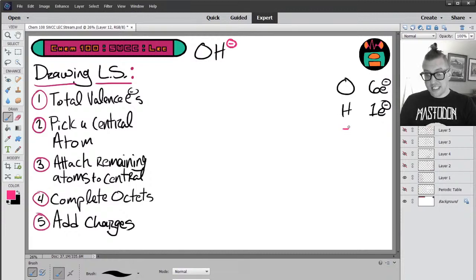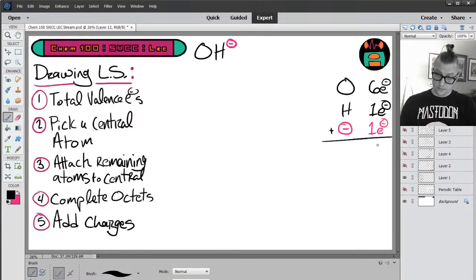And you have to take this into account when you total your valence electrons. If we have a charge of -1, that means that there is 1 extra electron in this structure. All right? 6 plus 1 plus 1 is 8. This gives us a total budget of 8 electrons.